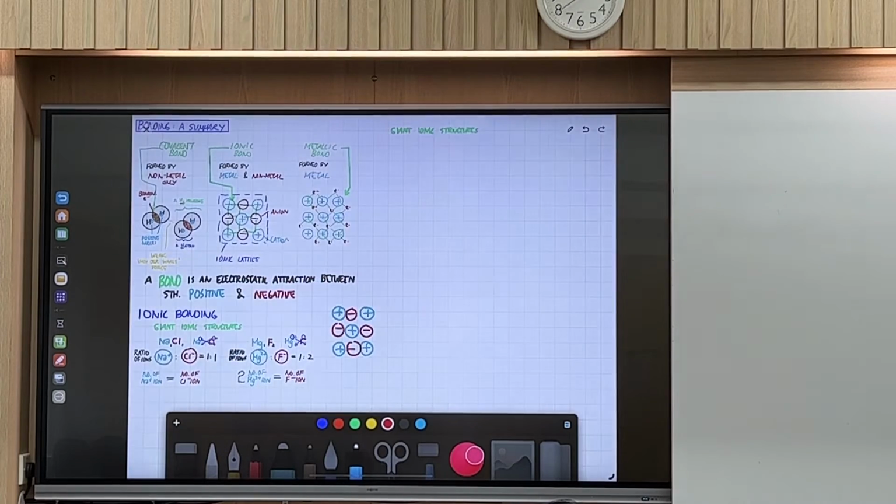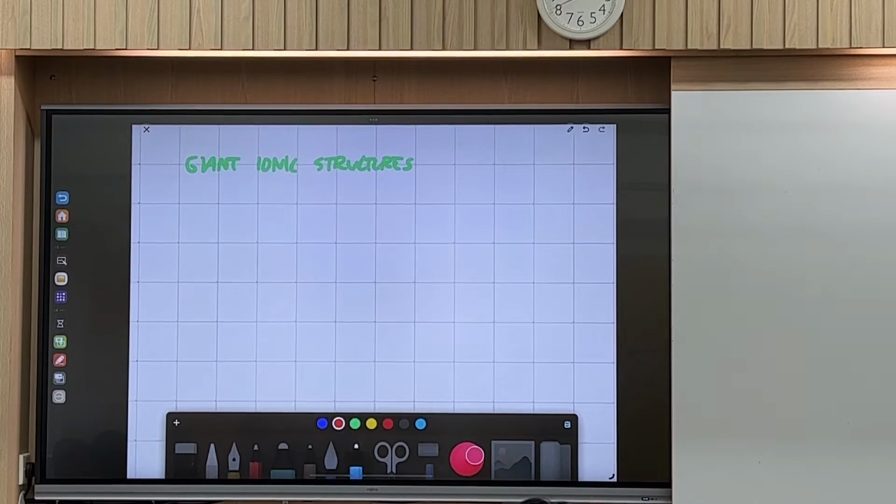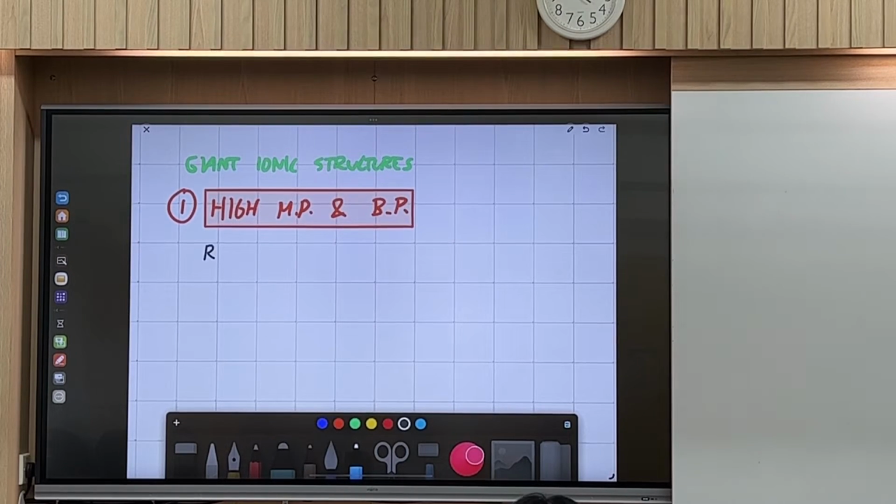The first property is the high melting and boiling point. We can explain all these properties. So the high melting and boiling point is due to the many strong ionic bonds.